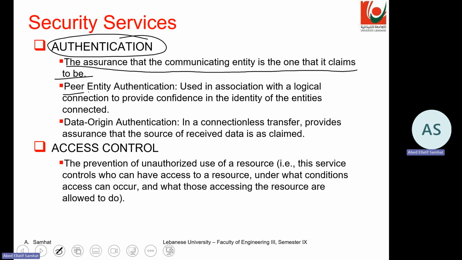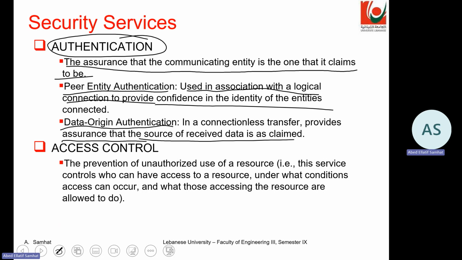Peer entity authentication is used typically in association with a logical connection to provide confidence in the identity of the entities connected. We also have data origin authentication. If you have a connectionless transfer, you should provide assurance that the source of received data is as claimed. So that's why we have authentication. This is an important security service.